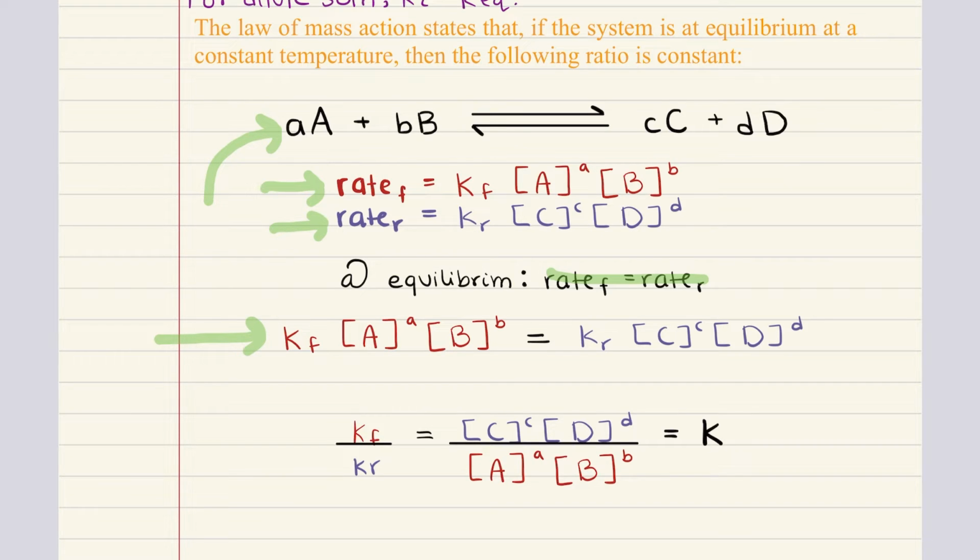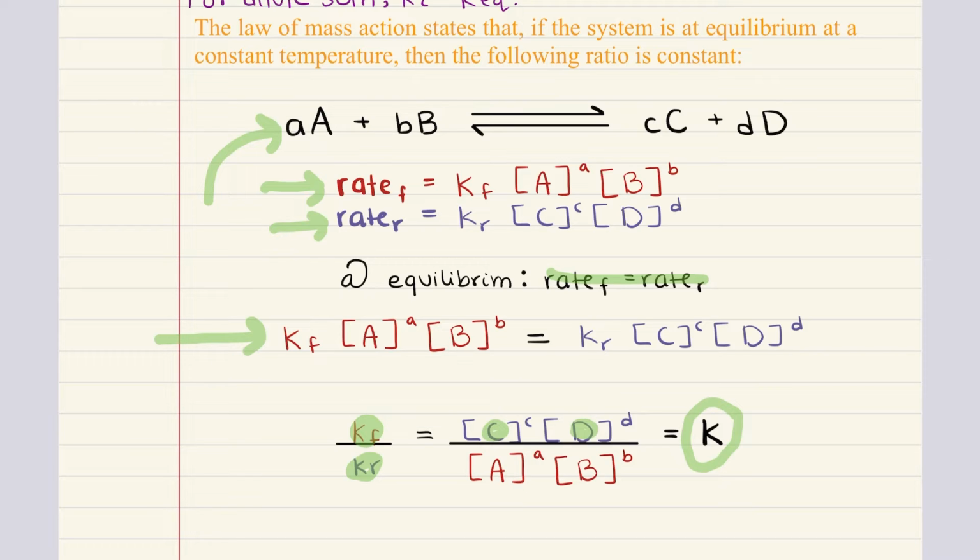We can write the ratio between the rate of the forward reaction over the rate of the reverse reaction, which gives us the concentration of the products raised to their stoichiometric coefficients divided by the concentration of the reactants raised to their stoichiometric coefficients. And this gives us the equilibrium constant expression.